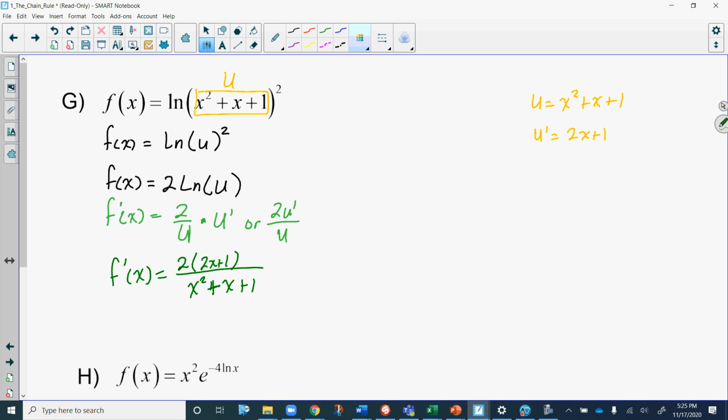And there is the derivative. This one I wanted to do with U substitution because I think the polynomial lent itself well to doing it. And if you did it not using U substitution, you should have wound up with the same thing.